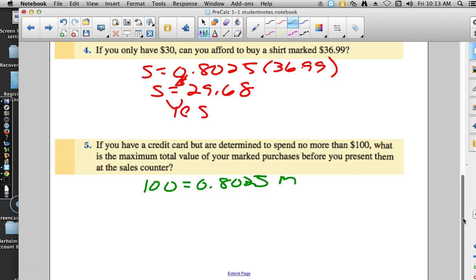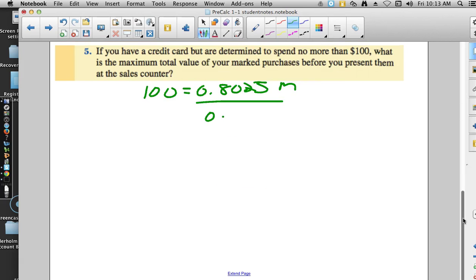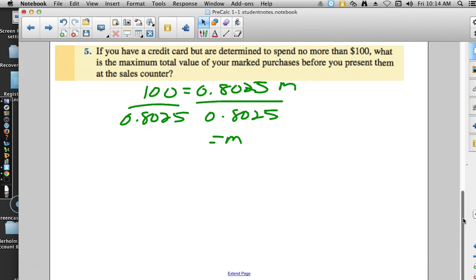Well, that's not too hard either. All we have to do is divide. So we're going to take 100 and divide it by 0.8025.